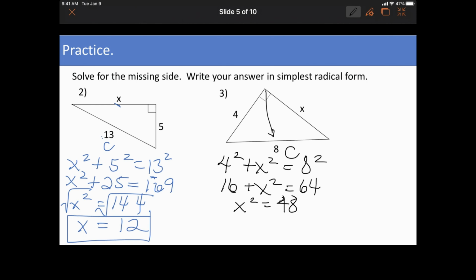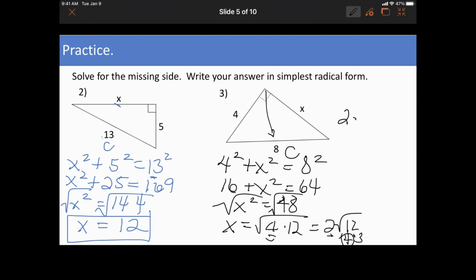Okay, it could be 4. That's probably what most students think of when you're looking at that. So you're probably thinking 4 times 12. Okay. So the square root of 4 is 2. But the 12, I can still simplify that. That's 4 times 3, which the square root of 4 is 2, but I already have the 2 out there. So it would look like this.